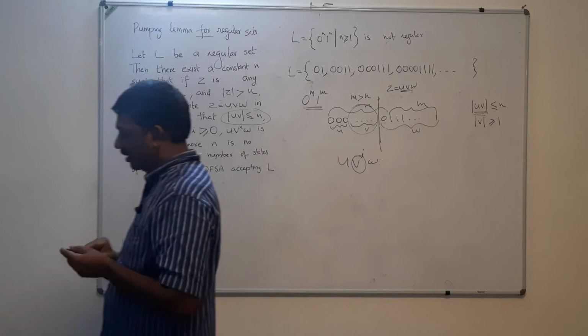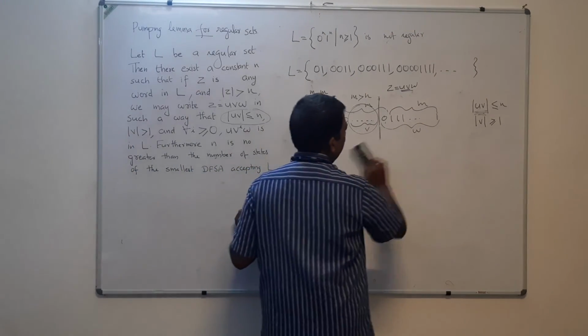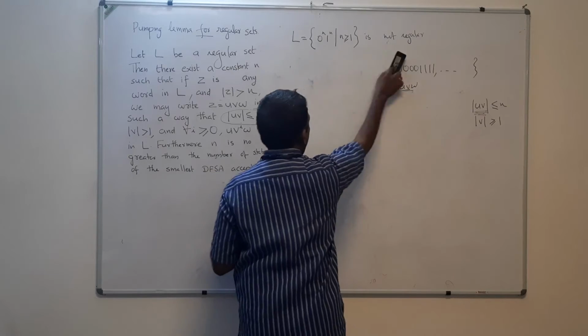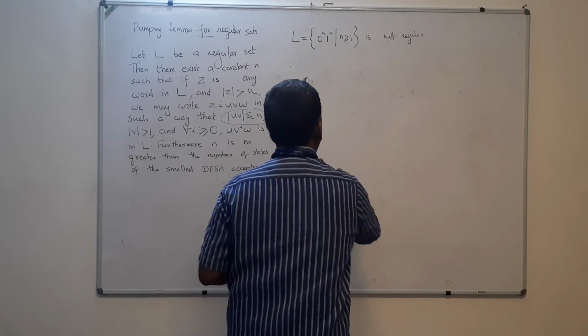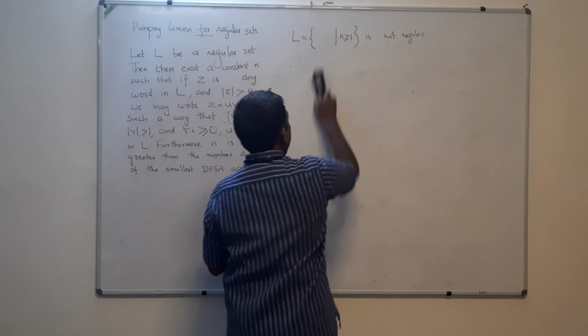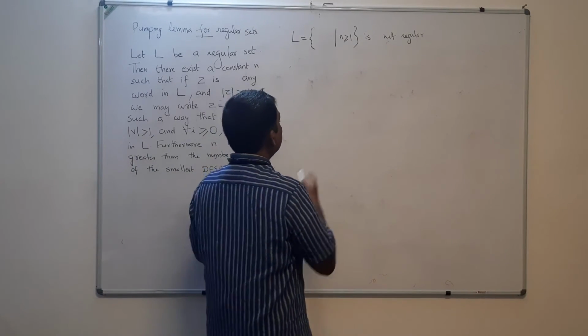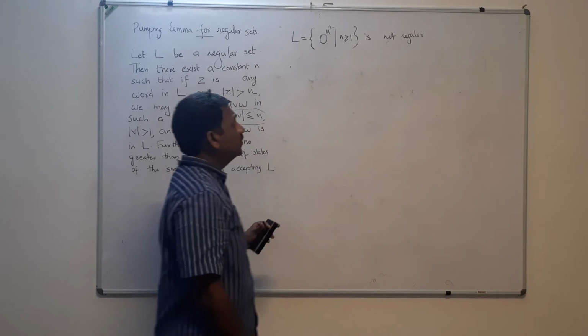Now, one more example is there. Prove that 0 raised to n square is not regular. What is the meaning of this?